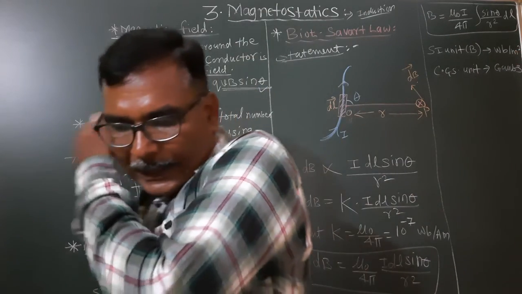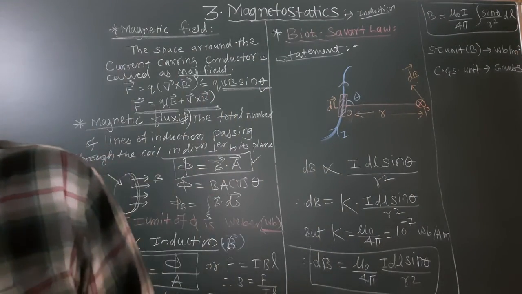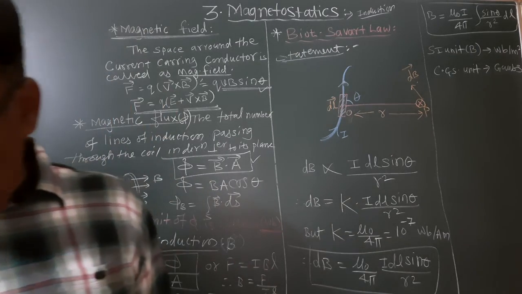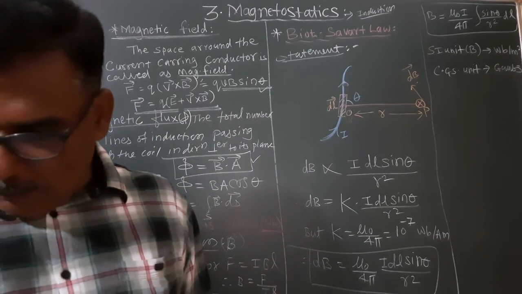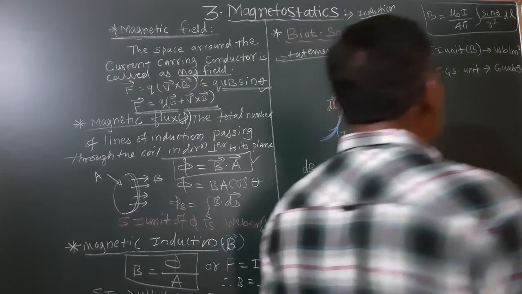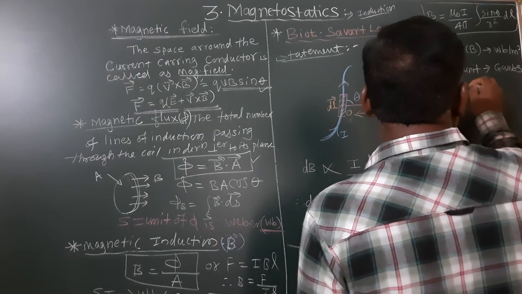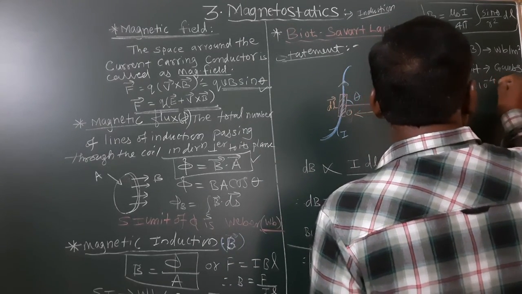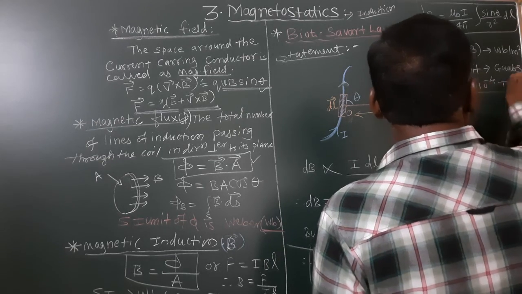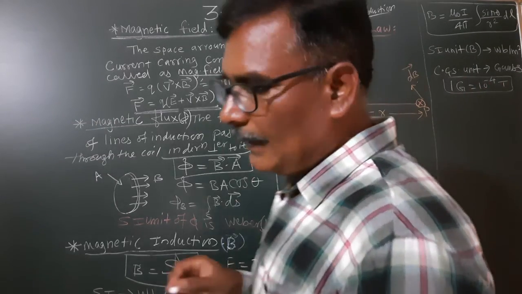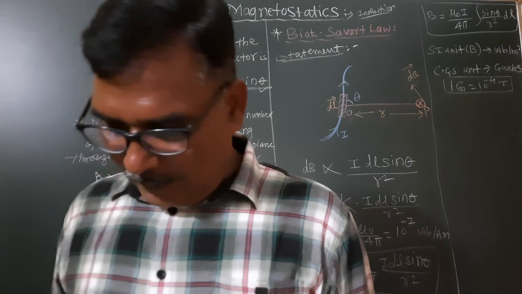This is the unit of magnetic induction, and 1 Gauss is equals to 10 to the power minus 4 Tesla. This is the relation between Gauss and Tesla, CGS unit and SI unit.